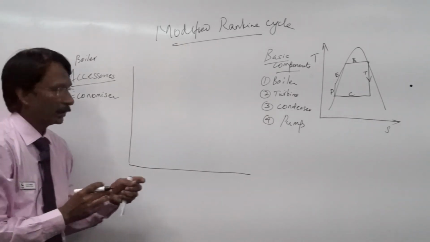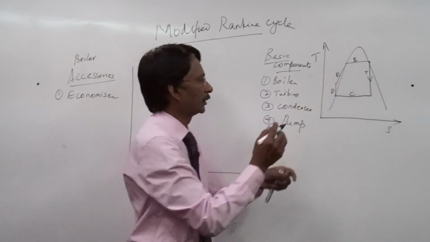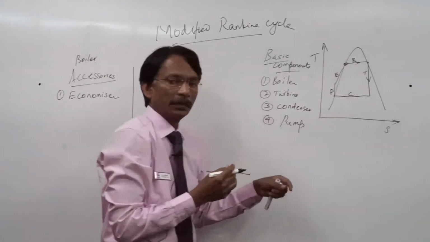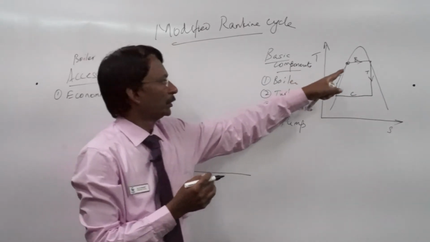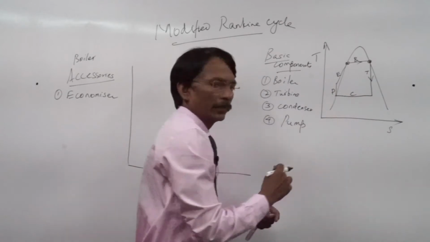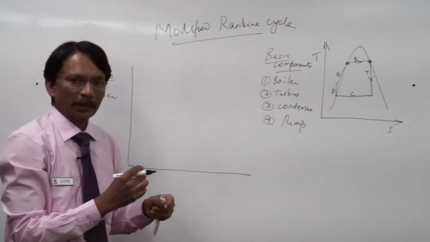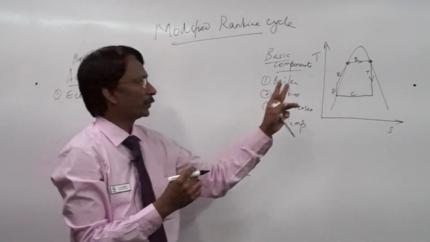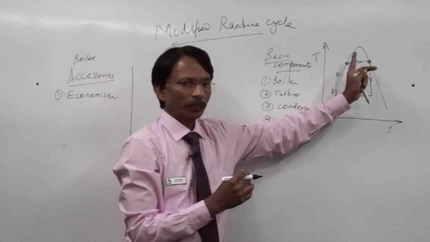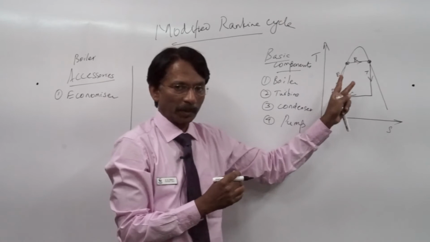Economizer is a boiler accessory. The job of a boiler is to convert the saturated liquid to saturated vapor. That is all a boiler does: conversion of saturated liquid into saturated vapor. A phase change happens in the boiler.